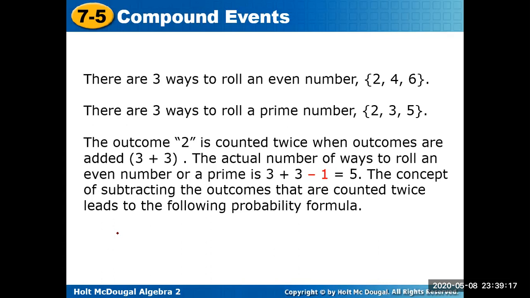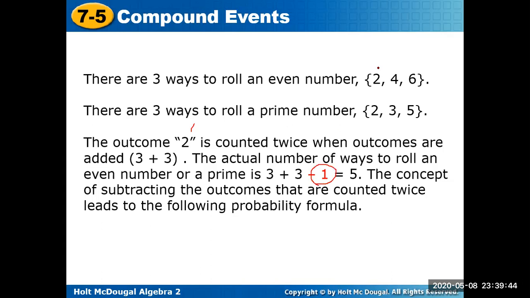So there are three ways, just an explanation of the same. Three ways to roll an even number, 2, 4, 6, and three ways to roll a prime number, 2, 3, 5. The outcome 2 is counted twice when outcomes are added, 3 plus 3. The actual number of ways to roll an even number or a prime number is 3 plus 3 minus 1, because we cannot count the number 2 twice.